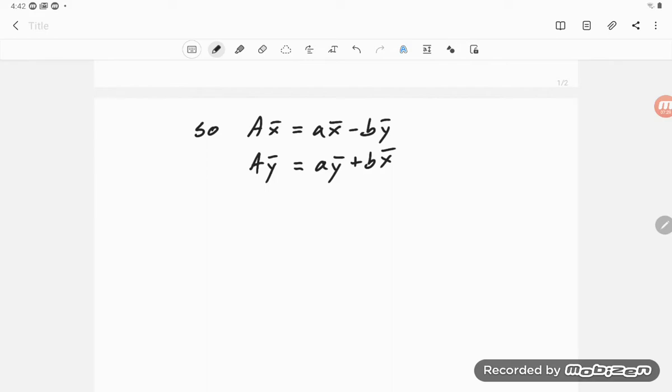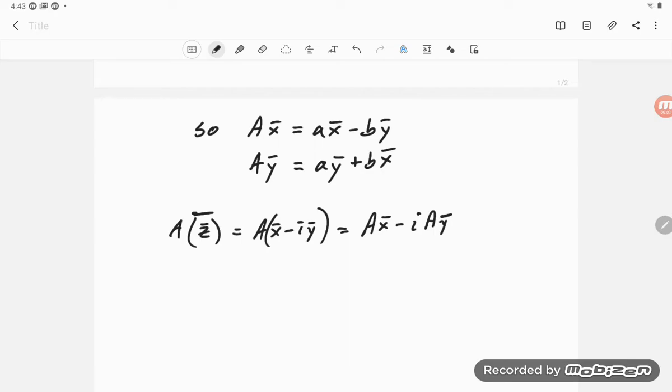Okay, now if we take A times the conjugate of z, that is the same thing as A times x minus iy, and so that's Ax minus iAy.